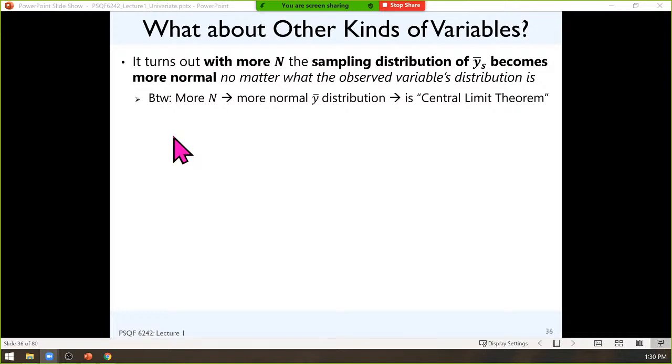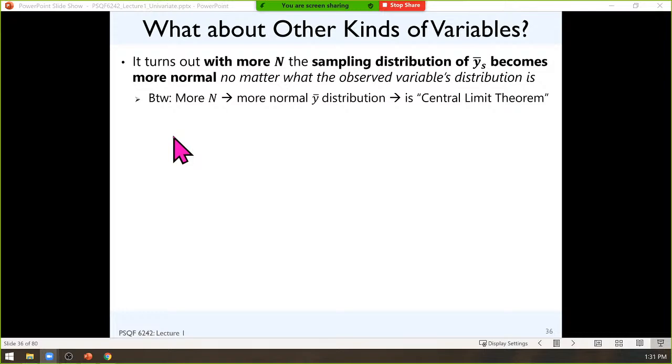Because I bring it up so that you don't fall prey to a misconception that even well-meaning statisticians sometimes say. The central limit theorem does not mean that all variables become normal if you have enough people. That is not what it means. It means that the sampling distribution of a variable's mean becomes more normal if you have enough people.